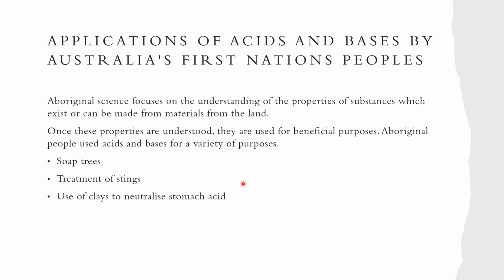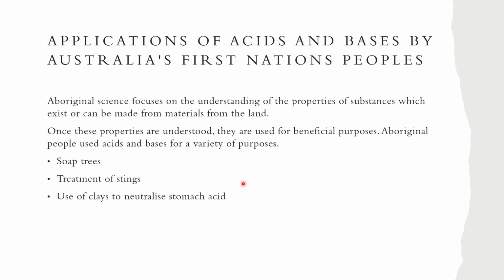So we've just looked at some modern applications of acids and bases, but the use of acids and bases in societies predates modern chemistry. In particular, we can start looking at how acids and bases were used by Australia's First Nations peoples. As we usually highlight when looking at Aboriginal science, we see that the focus is on understanding the properties of substances which exist or can be made from materials of the land.